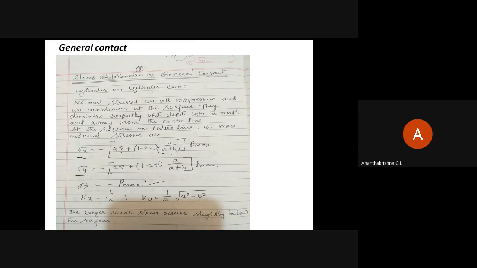A and B are the half widths of the minor and major axis respectively. So in this equation, we need to find out P max and substitute over here to get sigma x. The P max with negative sign will give you sigma z, and then sigma y you get once you find out P max.